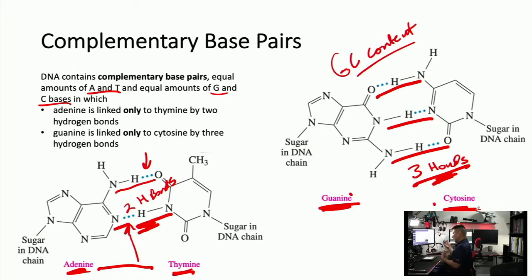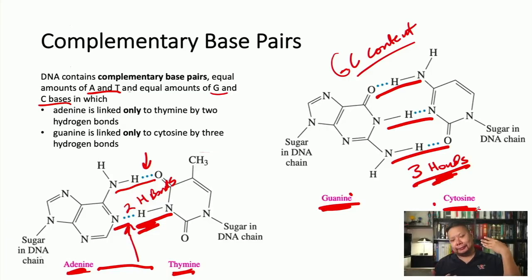No, it's more like an opposites attract type of thing, where a purine is with a pyrimidine, and a purine is also with a pyrimidine again, right? When it comes to adenine and thymine and guanine and cytosine, it's always going to be A with T and G with C. Okay, so remember that as well.